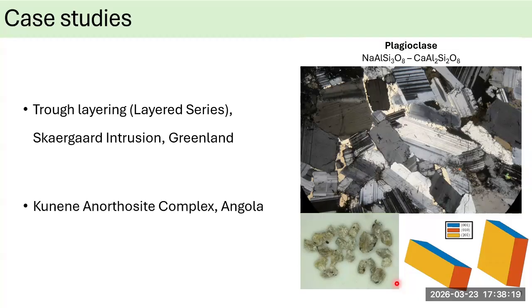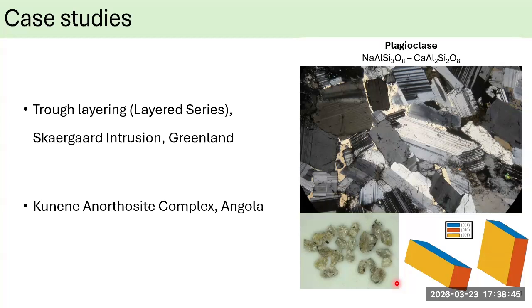Whereas Kunene anorthosite complex is an ongoing project, which fascinates me and drives my research questions since I started working on it. One thing that they have in common is plagioclase crystals. So trough layering, you will see, has sets of plagioclase rich layers alternating with the mafic layers.